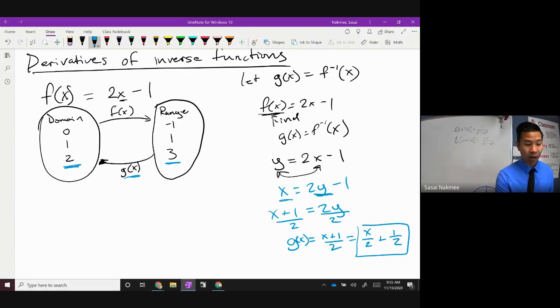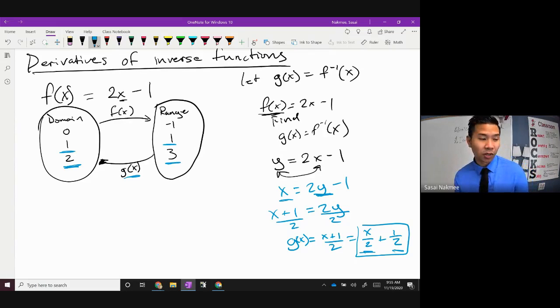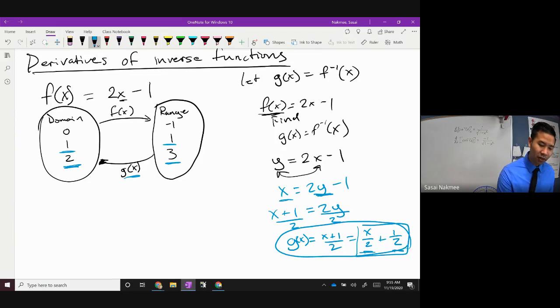And that's going to work for all of these numbers. If I plug in 1, I'll get 1 divided by 2, which is 1/2, and 1/2 plus 1/2 gives me 1. So that's how the inverse function works. It takes all the numbers that you have in your range and just spits them back out. It's just another function. Okay?